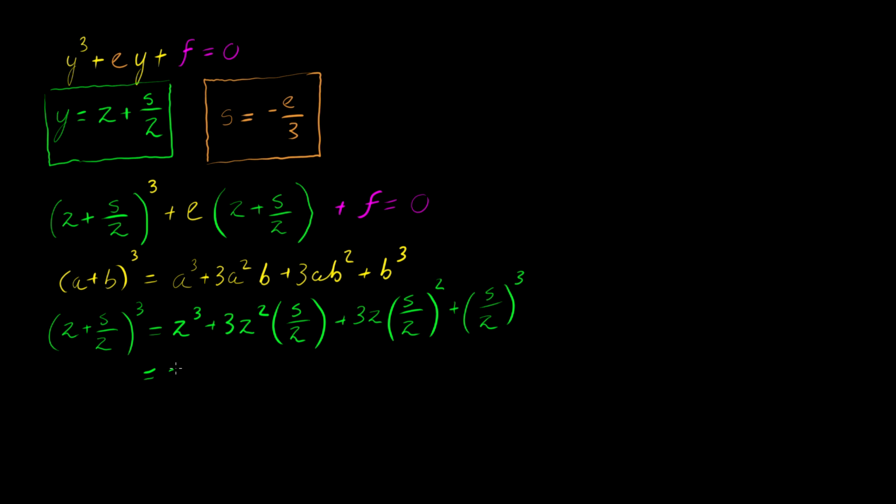So let's go ahead and simplify this. It's z cubed plus 3zs. The z's are just going to cancel. Now the z's are going to cancel here, and we need to square that term, so it's going to be s squared over z squared. And then if we cube this term, we're going to be left with s cubed over z cubed.